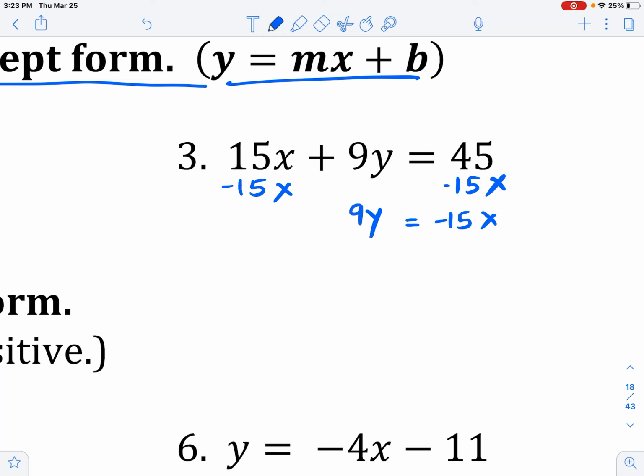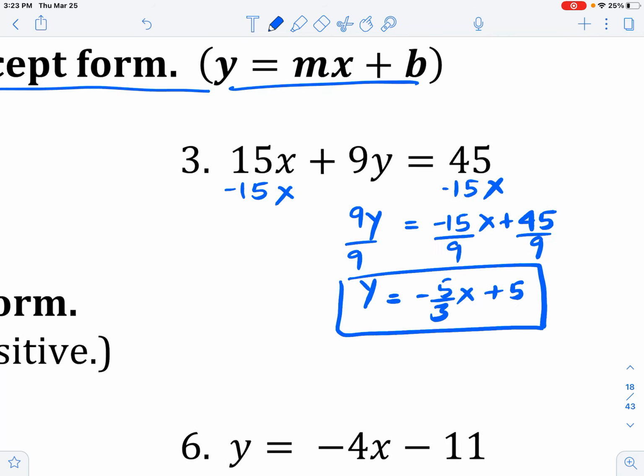Negative 15x plus 45, and divide by 9 on both sides. I'm having y equal to negative 15 over 9. You can simplify top and bottom by 3. You're getting negative 5 over 3 x plus 5. That's my answer.